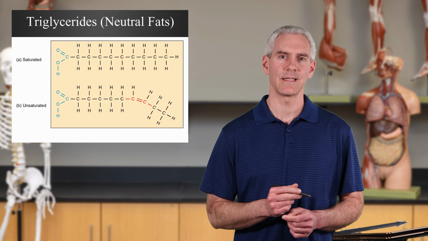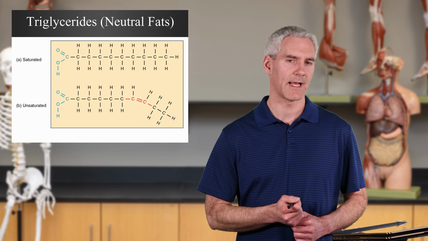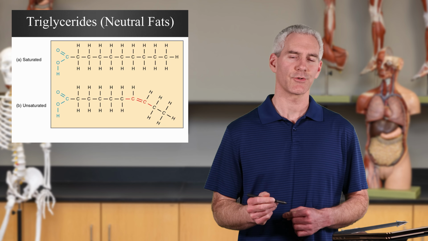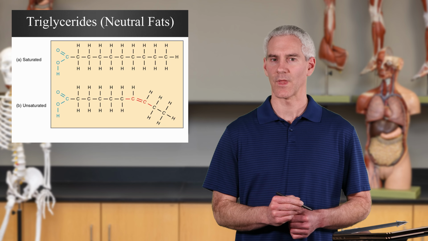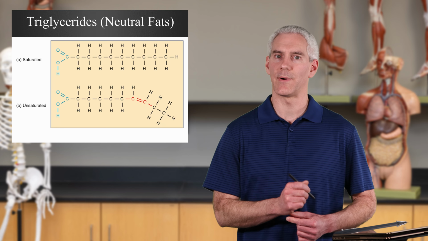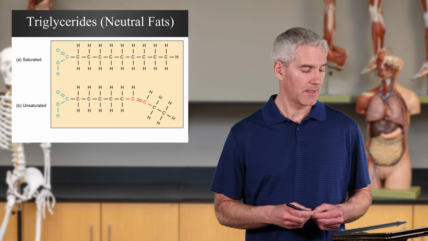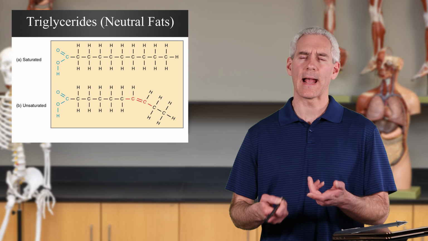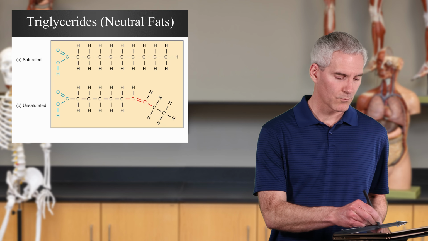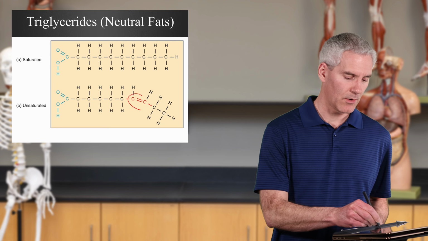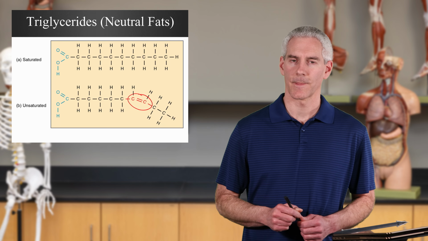You'll notice that there is a saturated and an unsaturated. The saturated means every carbon has its maximum number of bonds possible, while the unsaturated is going to say, we're not going to have our maximum amount of bonds. Right here in the red, you're going to notice there's a double bond.